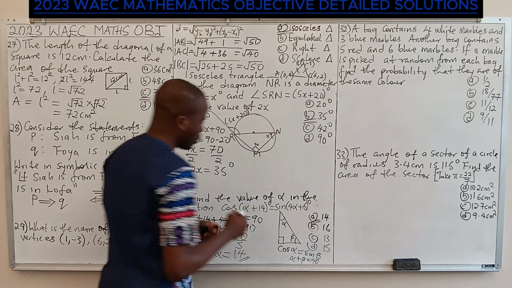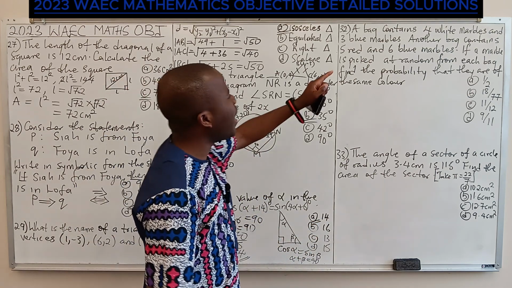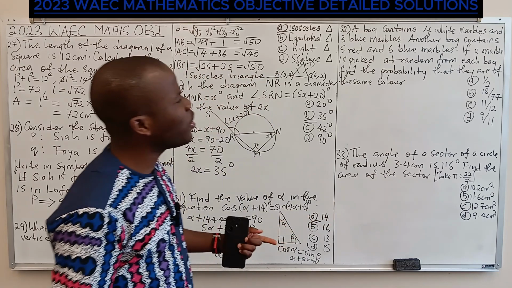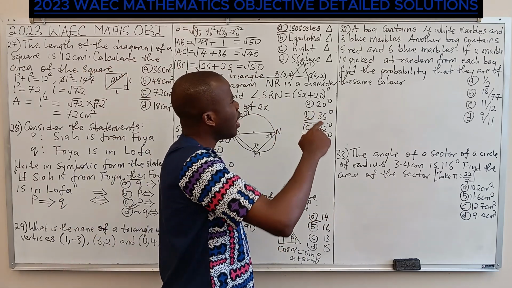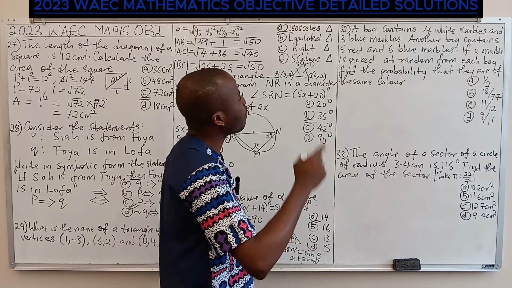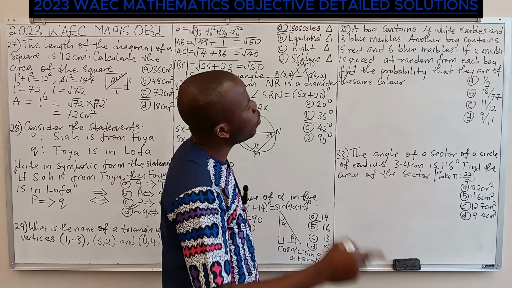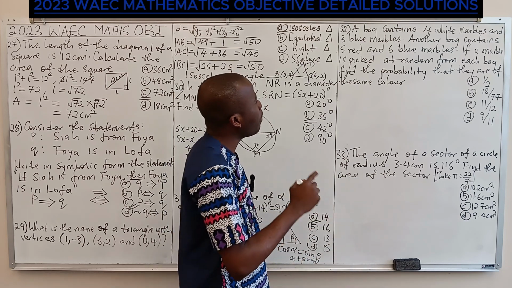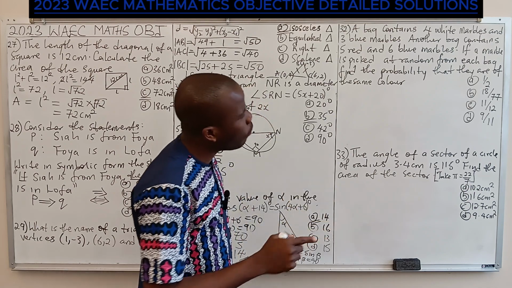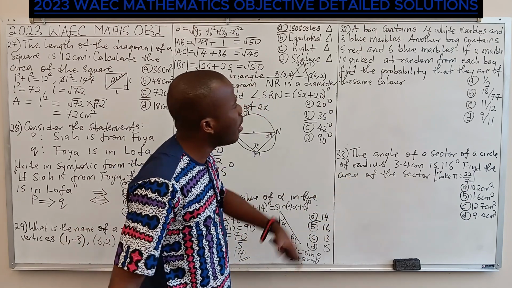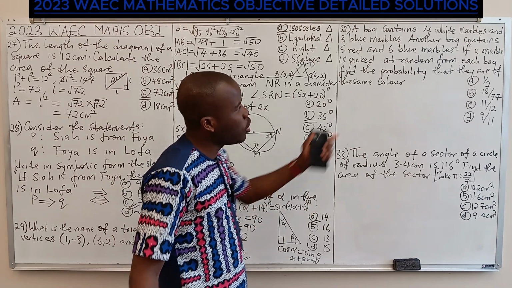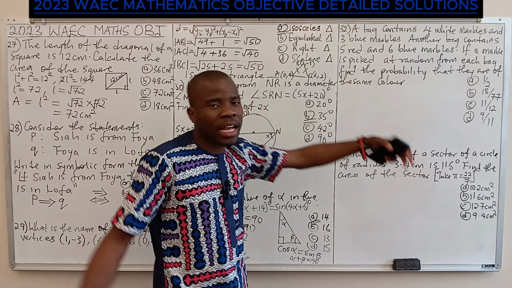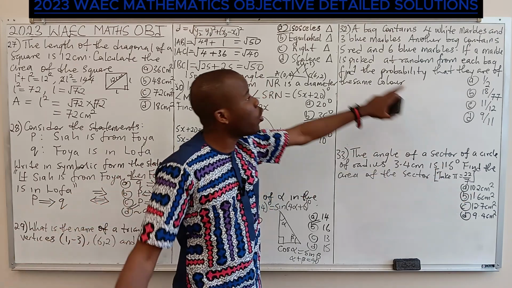So it's 14. 32 says a bag contains 4 white marbles and 3 blue marbles. Another bag contains 5 red and 6 blue marbles. If a marble is picked at random from each of the bags, find the probability that they are of the same color. Funny enough, in each of the bags, they are not of the same color.